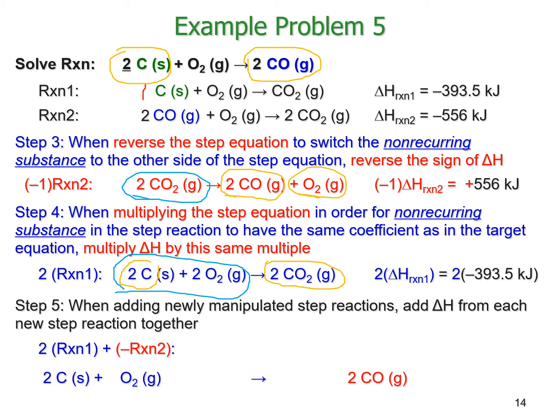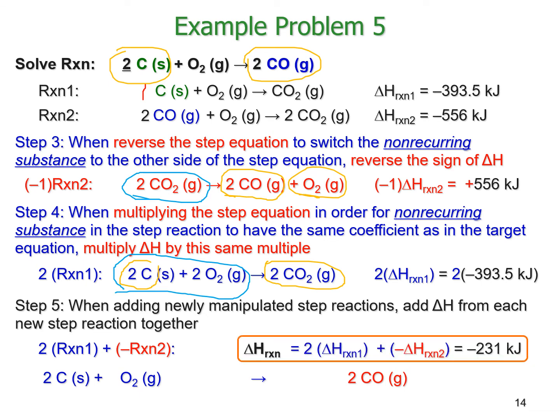Since it is correct, we follow exactly the same manipulation for the delta H's. So we twice the amount of delta H of the first reaction, as is shown up right here, plus we change the sign of the delta H of the second reaction, put them all together, negative 231 kilojoules.